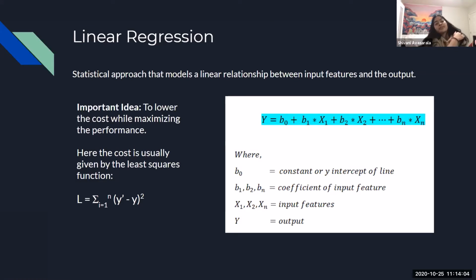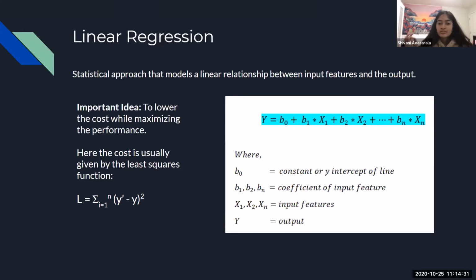Linear regression is a statistical approach that models a relationship between input features and the output. If we think of a line, y equals mx plus b, the values we would update are m, the slope, and b. Those would be the variables we update through linear regression.